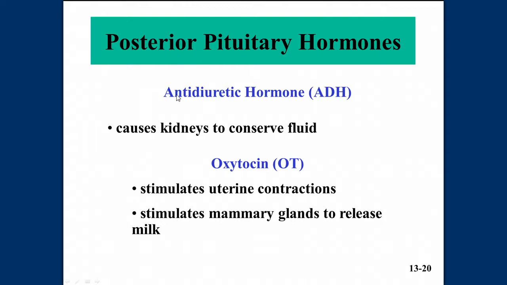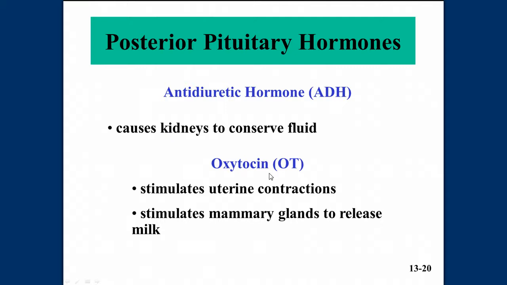So the posterior pituitary produces antidiuretic hormone, ADH, which goes by the bloodstream directly to the kidneys, and the kidneys have specific target cells that will react to the presence of that antidiuretic hormone and will not allow the release of that fluid. It will conserve fluid. Okay? So it's picked up by the bloodstream, carried to the kidney, so the target cells are in the kidney.